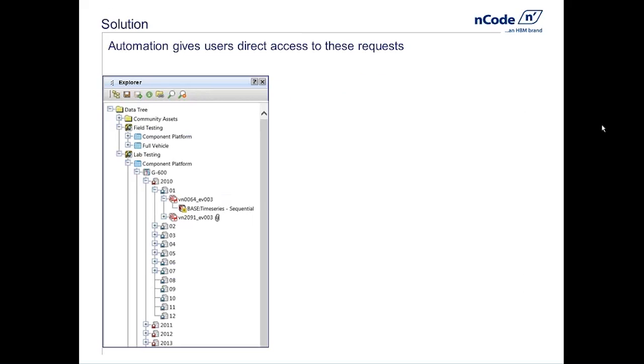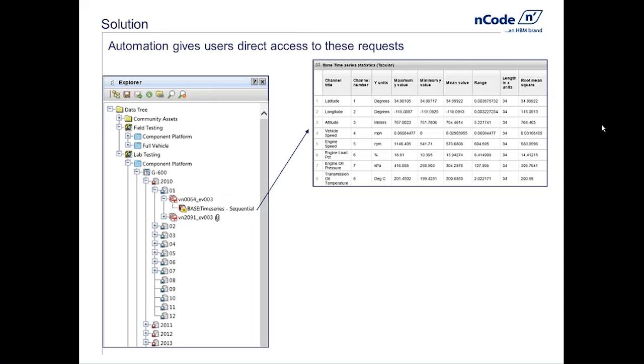So the solution, again, is automation. Using the data tree, we can easily look through and find that data, or the search mechanisms we showed a few screens ago. But while we go through automation, again, which is a web-based system, and you don't require any other software on your computer other than a web browser, these are the types of things you can do to interact with that data that was being collected.